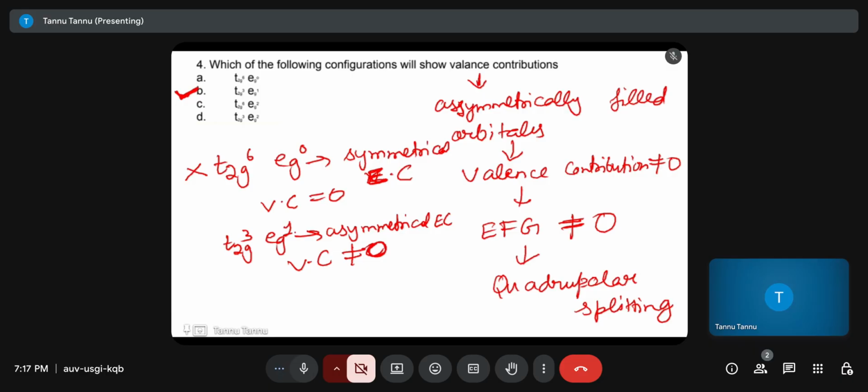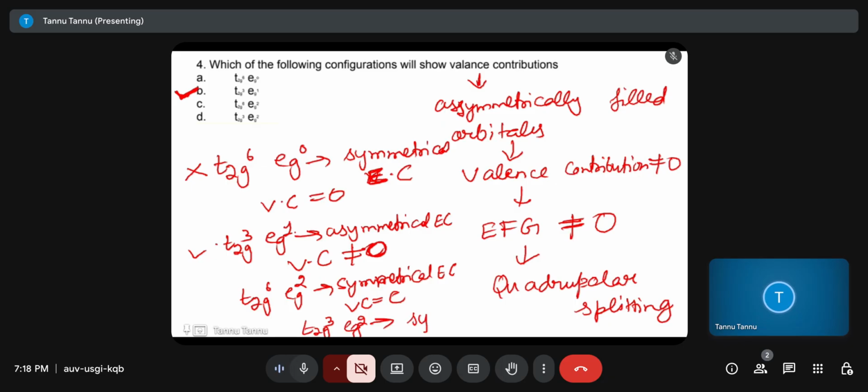Then you have t2g6 eg2. Again, it is symmetrical, so valence contribution would be 0. Then you have t2g3 eg2. Also a symmetrical electronic configuration, so valence contribution would be 0. So option B is correct. For valence contribution, you should have an asymmetrical electron filling.